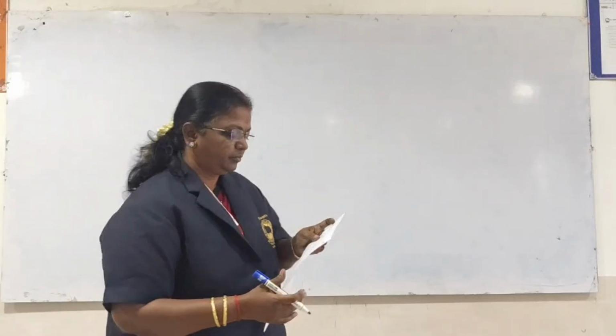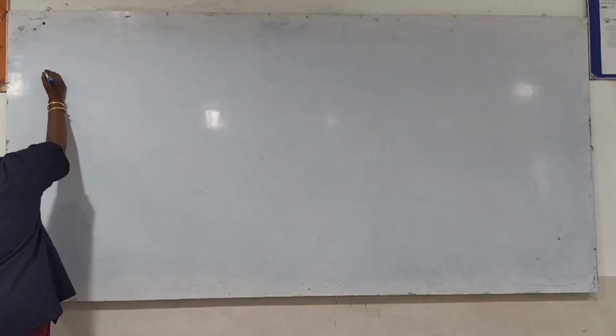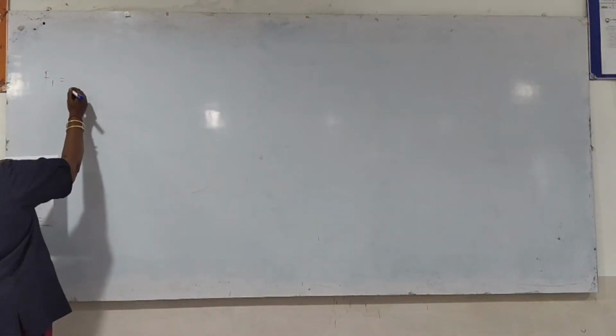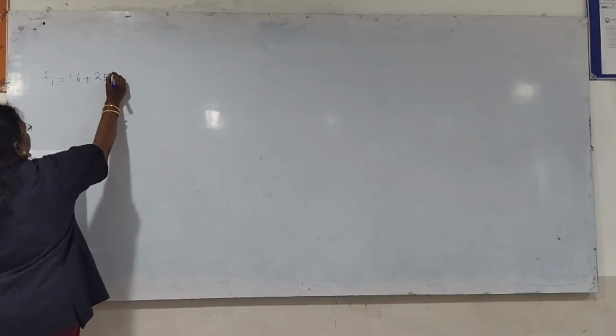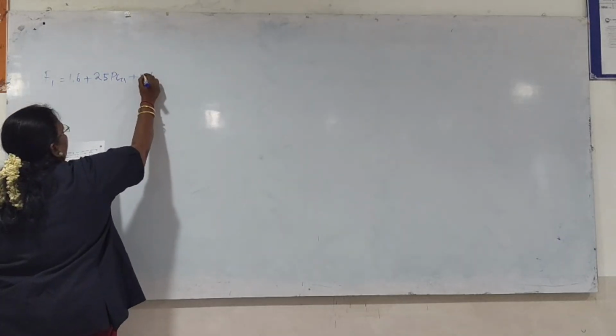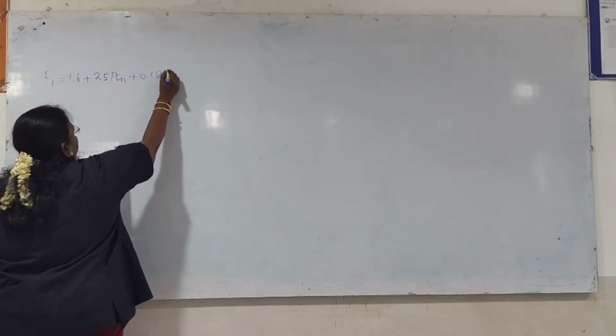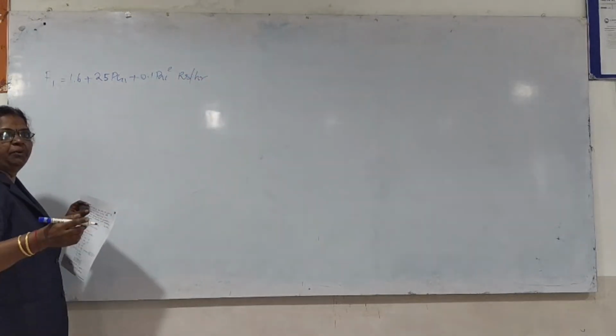The fuel cost of the first unit, F1, is 1.6 plus 25 Pg1 plus 0.1 Pg1 square rupees per hour.